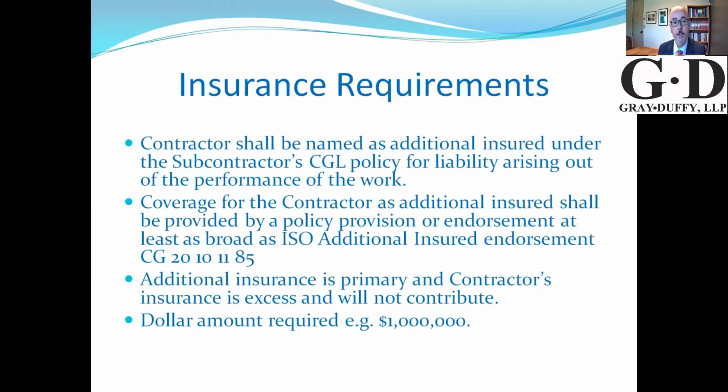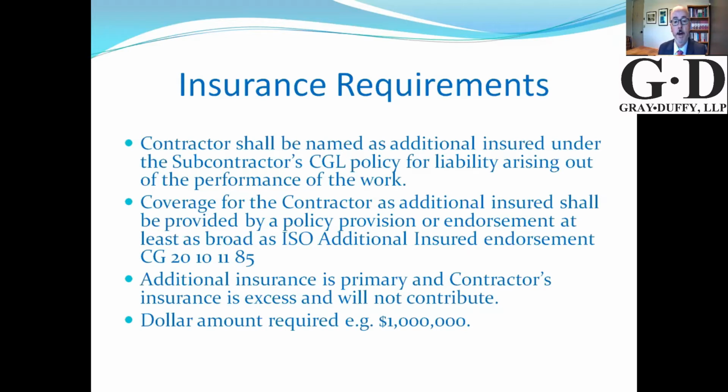And let's use the construction contract example. Might say contractor shall be named as an additional insured under the subcontractor CGL policy for liability arising out of the performance of the work.